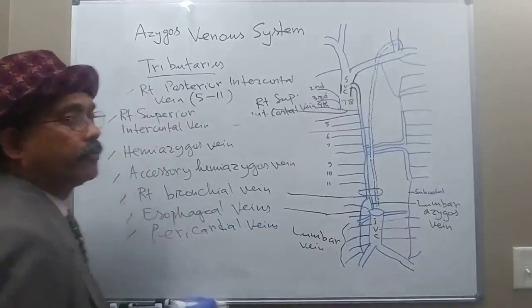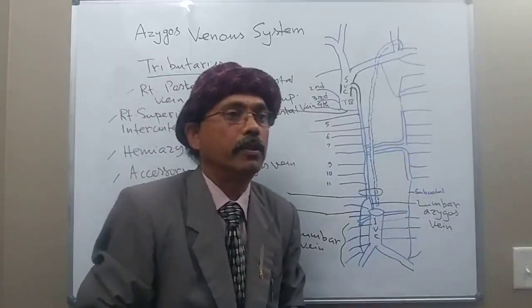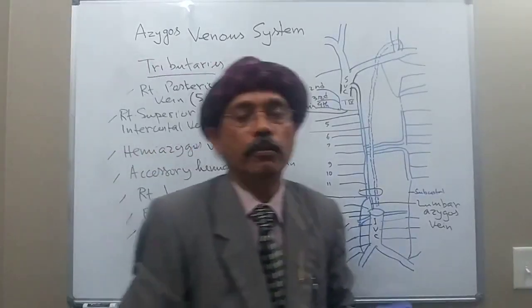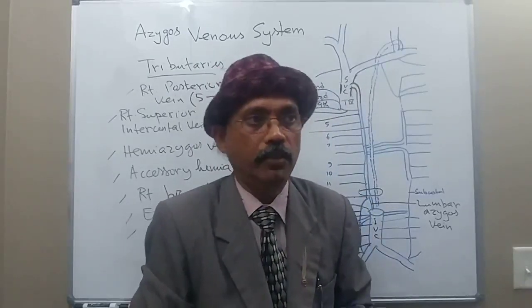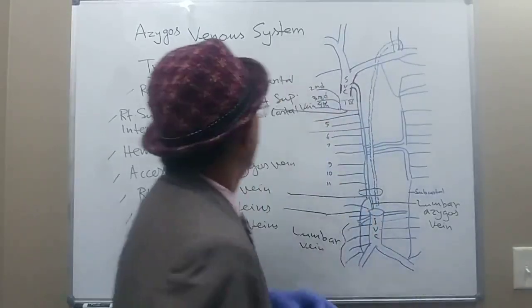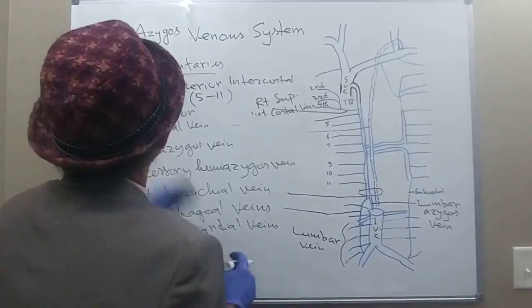We can also include the ascending lumbar vein and subcostal vein. So we got the tributaries.